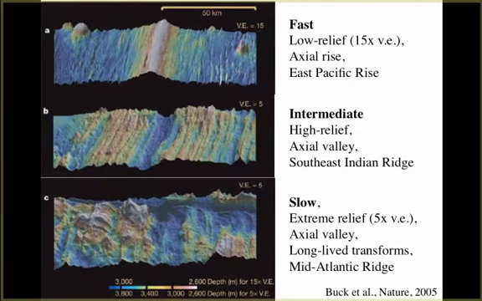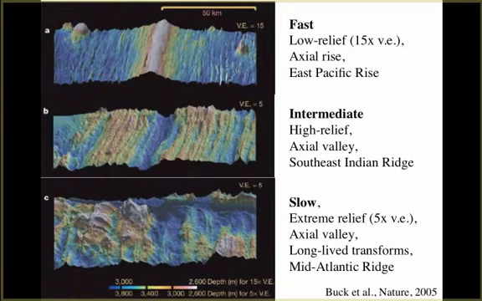For a fast ridge system like the East Pacific Rise, what we see is relatively low relief. This is 15 times vertical exaggeration, so it looks like there is a lot of topography, but it is relatively low relief, with an axial rise in the center of the ridge system.